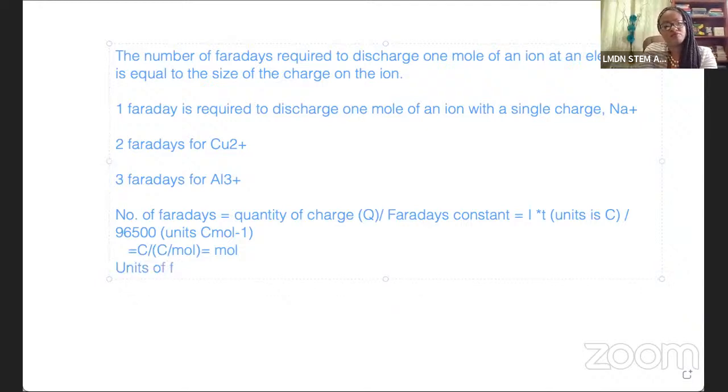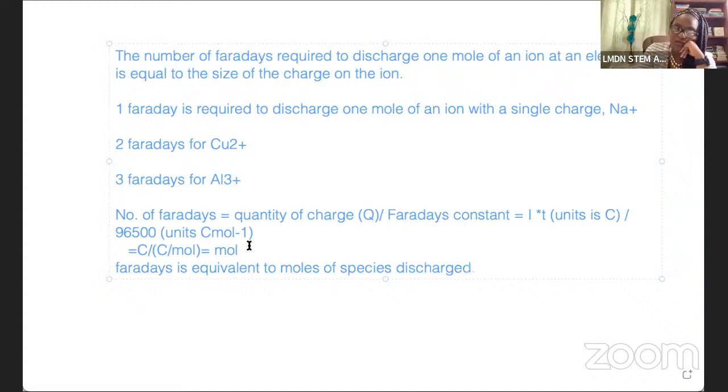I don't want to say units of Faradays per se, but when you get Faradays, it's equivalent to moles of electrons. Let's say it like that.